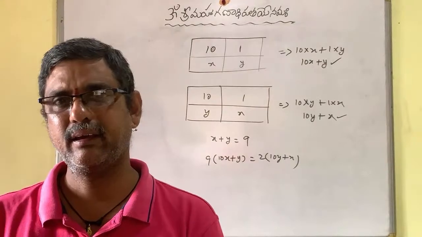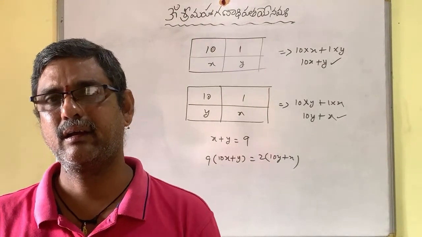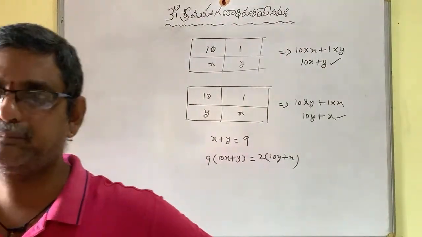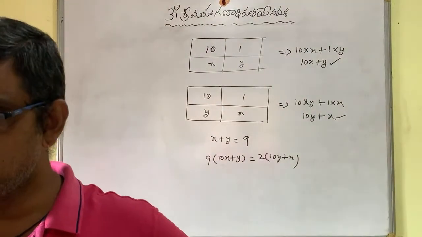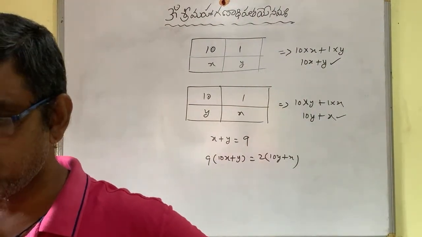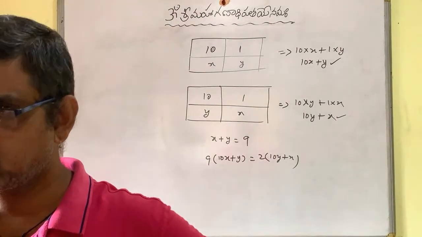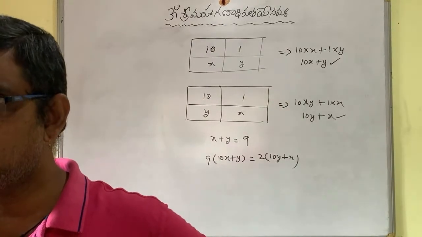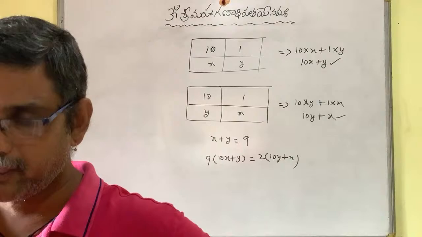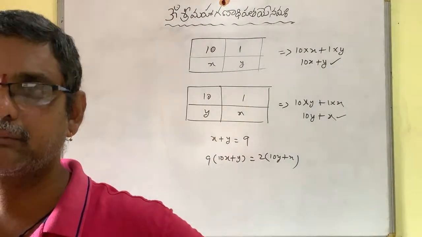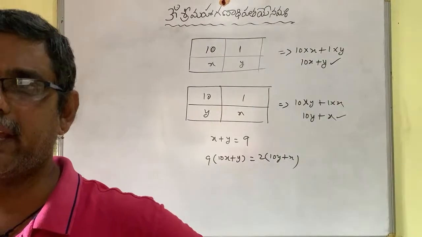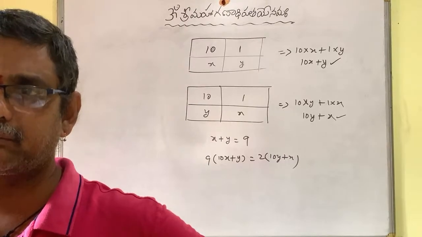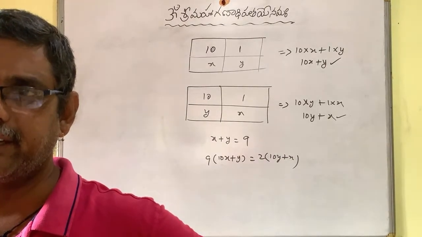The 2-digit number is 18. Okay, good. 18, not 1 8. Tens digit 1, ones digit 8. The two-digit number is 18.